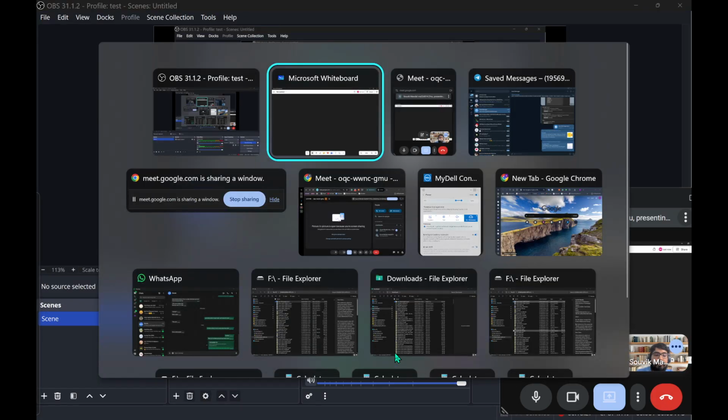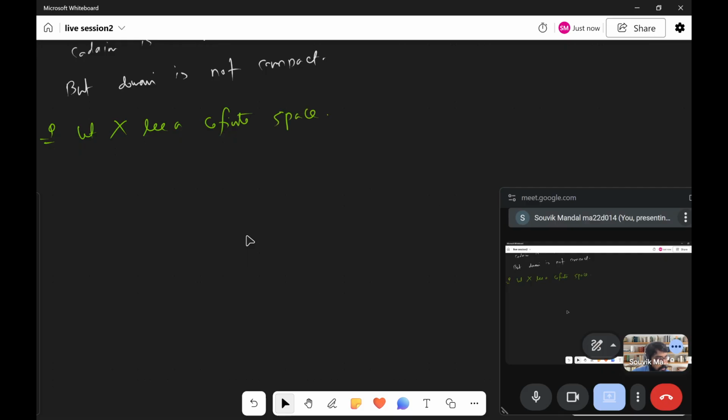Now the next thing. The next question is as follows. Let x be a cofinite space.